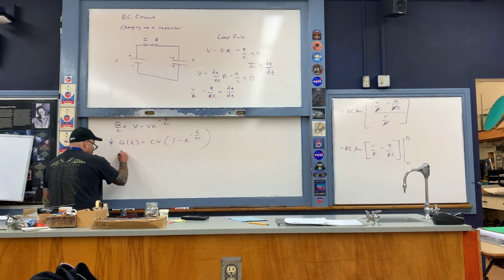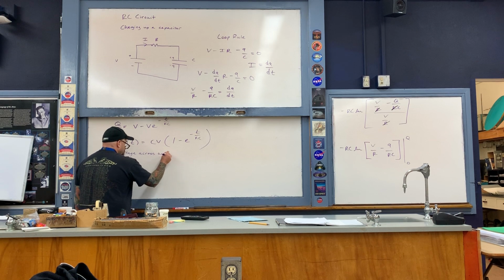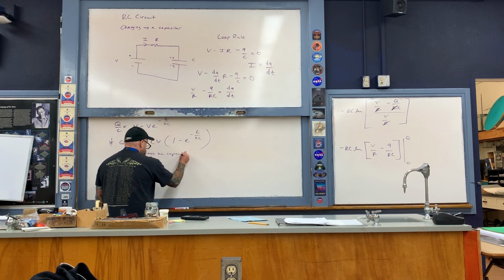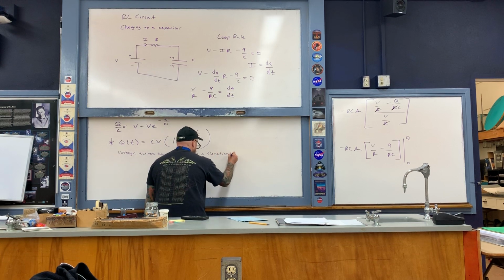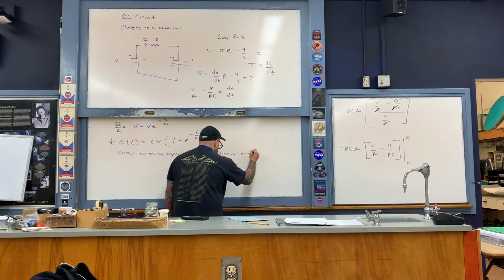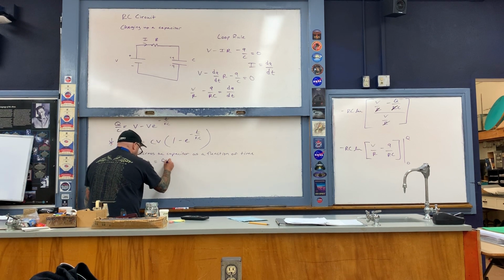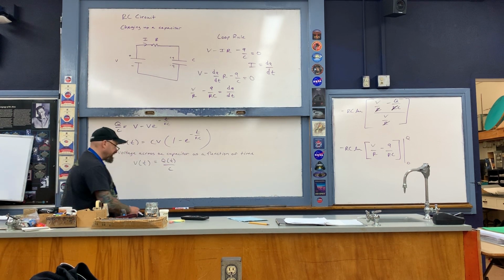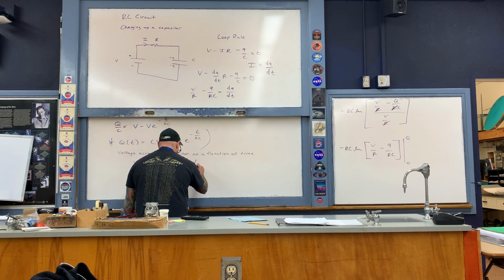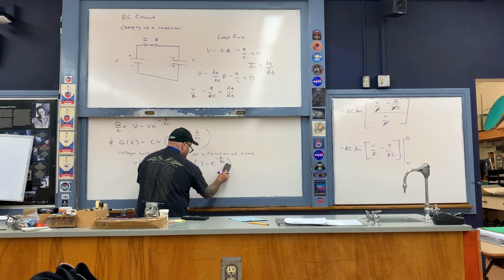Well, the voltage across the capacitor as a function of time would be the following. Voltage across the capacitor is charge per capacitance. So then go ahead and take this expression here and just divide out by the capacitance. See, that then gives you this. Like so.